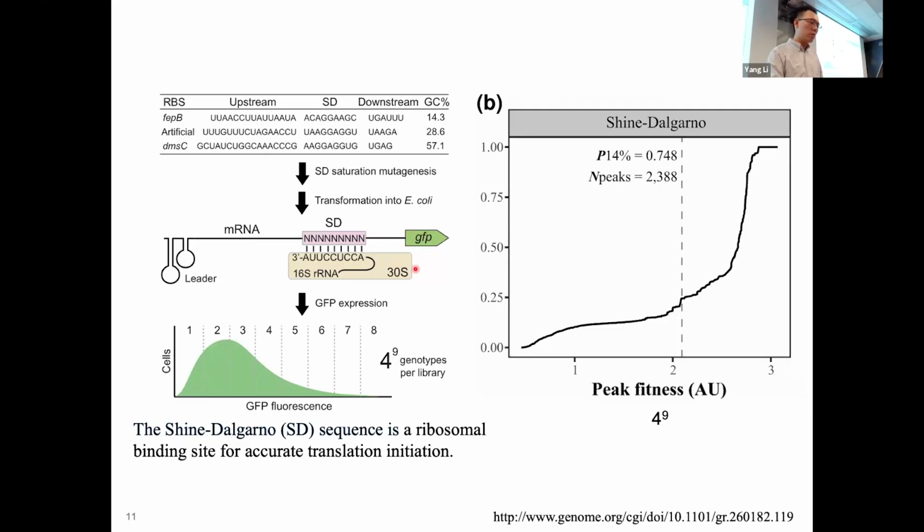GFP is a marker gene to detect the regulatory abilities. The landscape also has four states and has 9 sites, and each site has 4 states. And here is what the adaptive walk looks like.